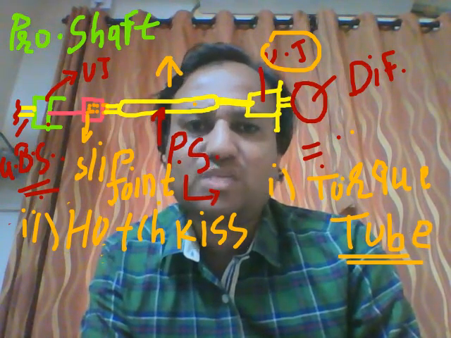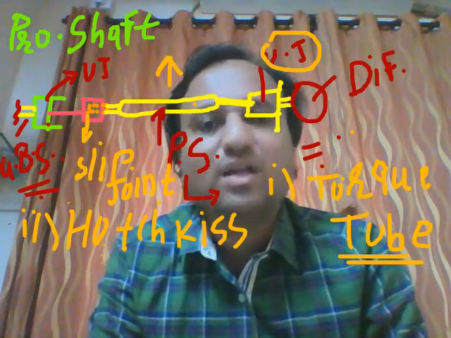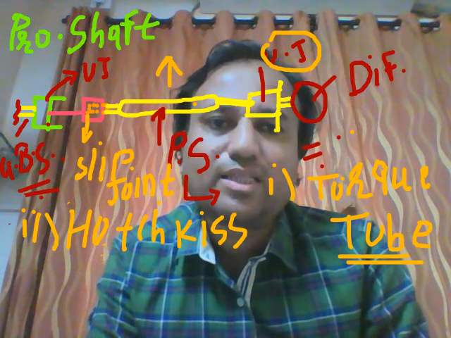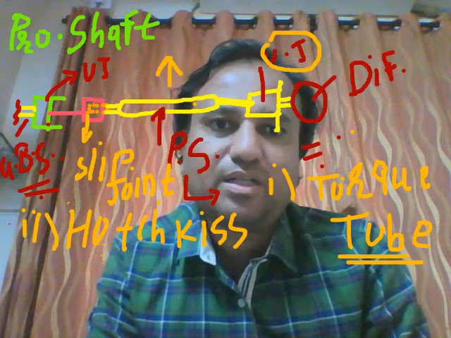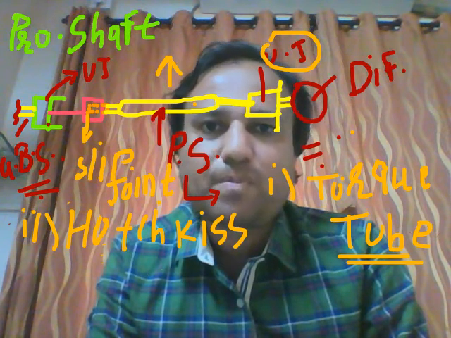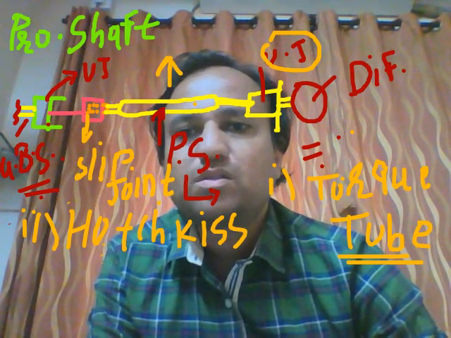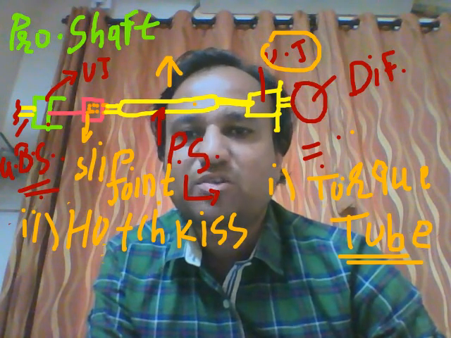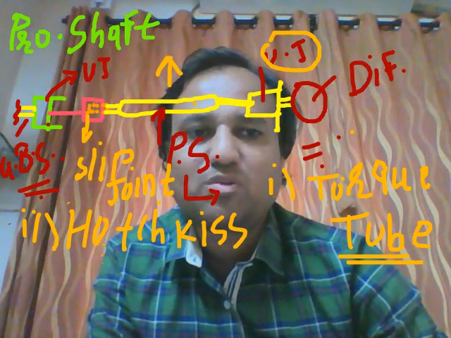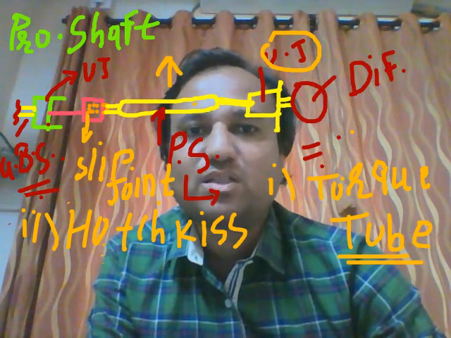With the help of the slip joint, the length of the propeller shaft can be altered. So propeller shaft with Hotchkiss drive has a slip joint provided. In torque tube drive there will not be a slip joint.